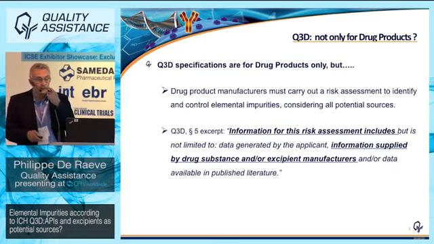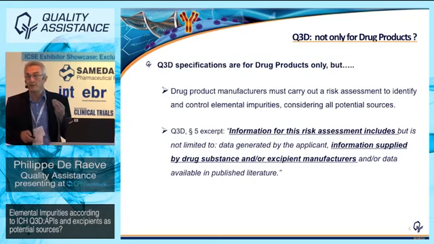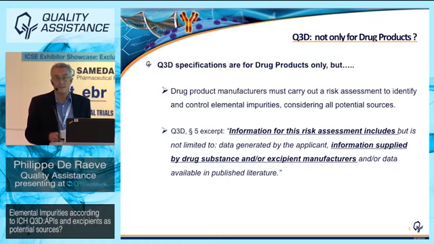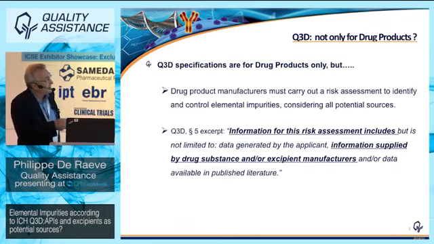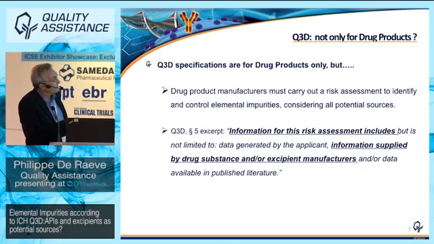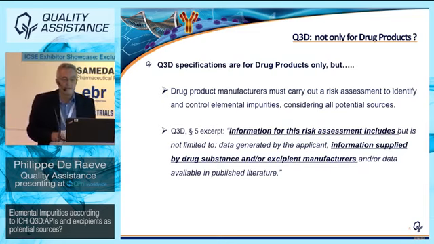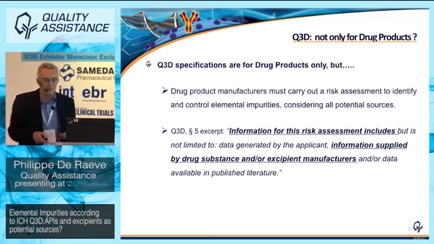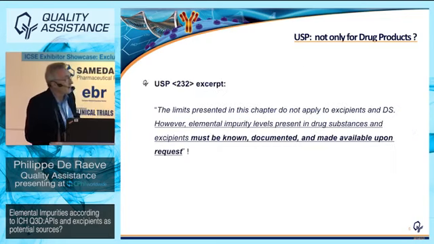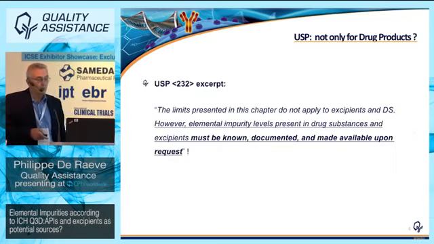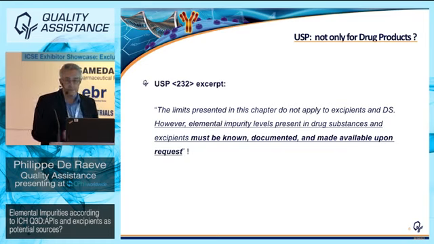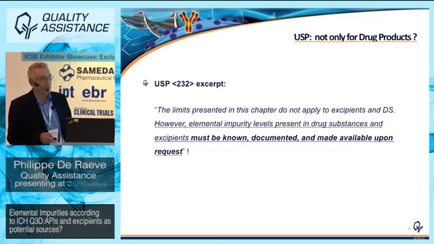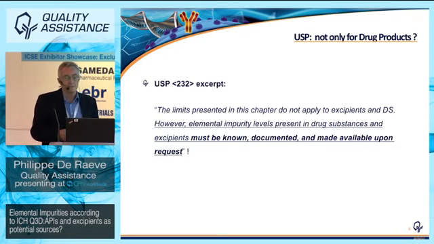So Q3D, the specifications are for drug products only, but the drug product manufacturer will have to carry out a risk assessment. And the information for the risk assessment includes information supplied by drug substance and or excipients manufacturer. In the USP 232, there is a very important sentence for you, API and excipient suppliers. The limits presented in the chapter do not apply to excipient and drug substance.